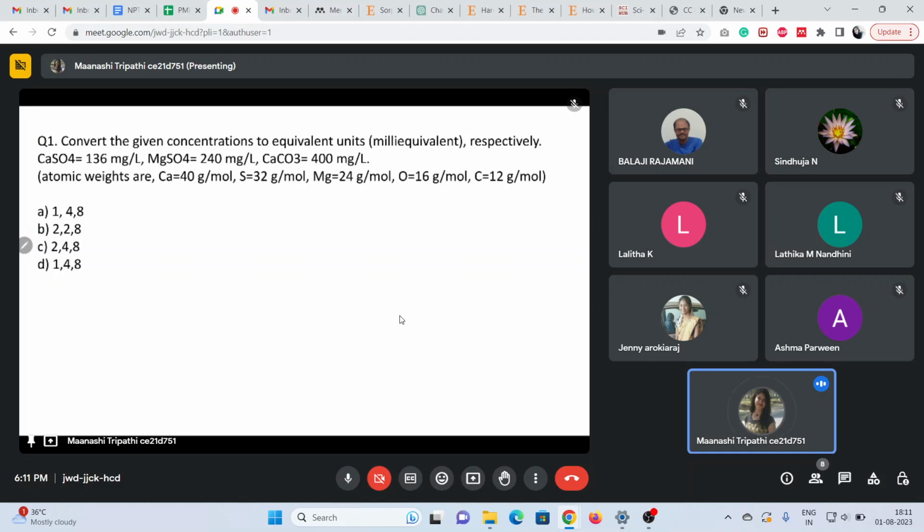Why do we need this milli-equivalent thing? First of all, the very important point is, if we have two contents in a reaction, one is A and one is B, only 1 gram equivalent of A will react with 1 gram equivalent of B. For example, I hope you know what an adsorption experiment is.